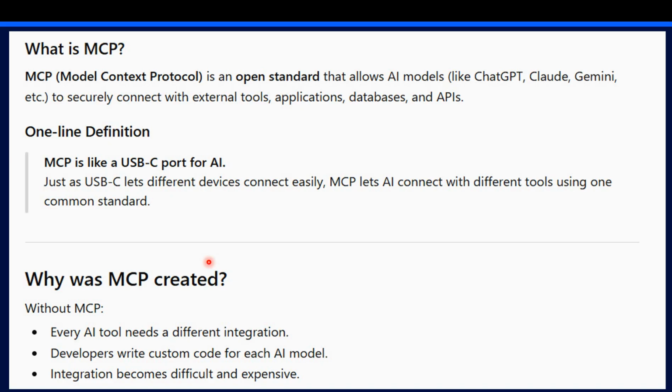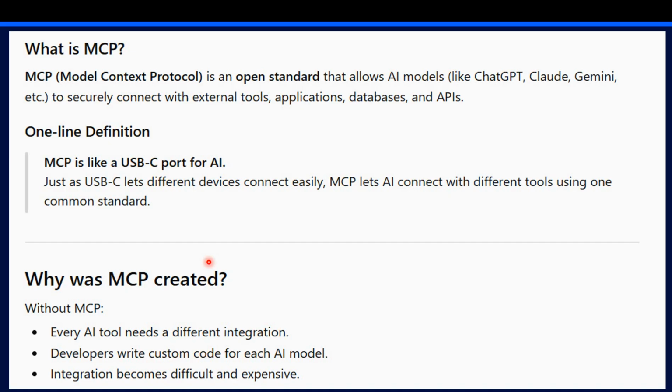Standard means rules, some sort of rules that we have to follow. And if we follow that rule, then it will allow us to connect the AI models like ChatGPT, Claude, Gemini to securely connect with the external tools, application, database and APIs.